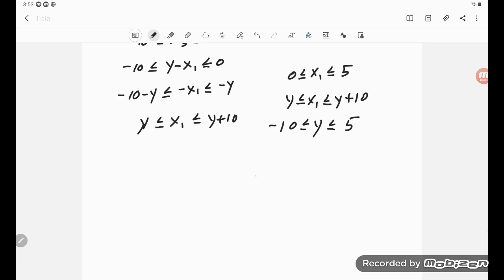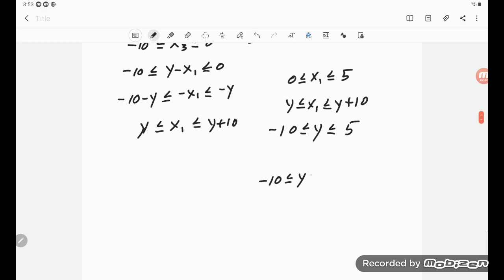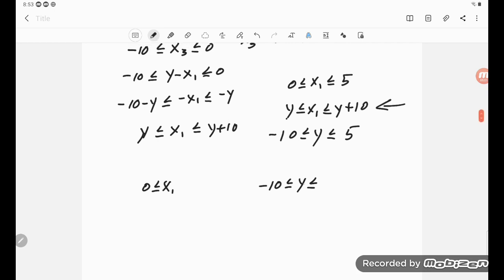Okay, so if we start y at negative 10, what happens up here? The negative 10 on this side is no issue on that second inequality for x1, so x1 is greater than or equal to 0 still.